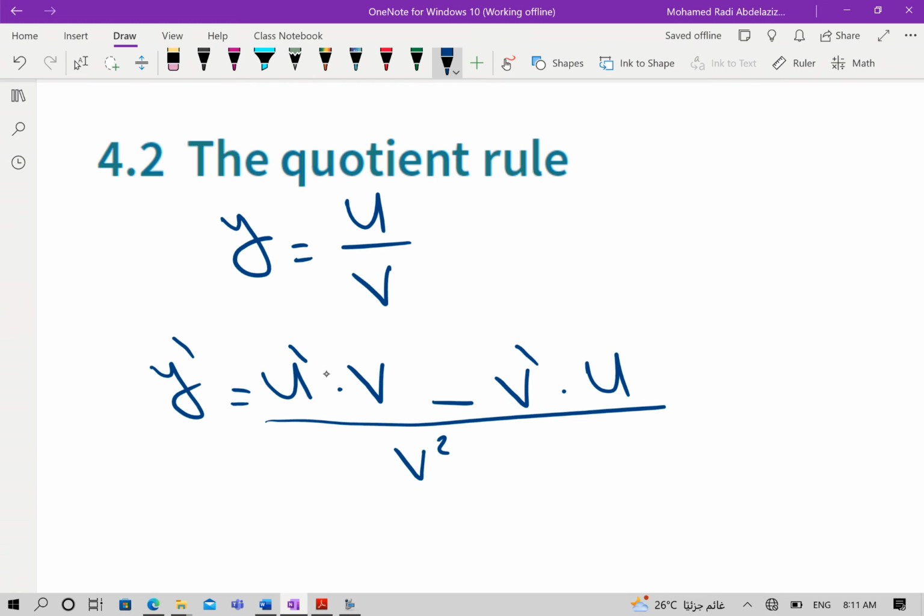If we look at the product rule, if we have y equals u times v, then y dash is u dash times v plus v dash times u; you can switch the order. It's correct.